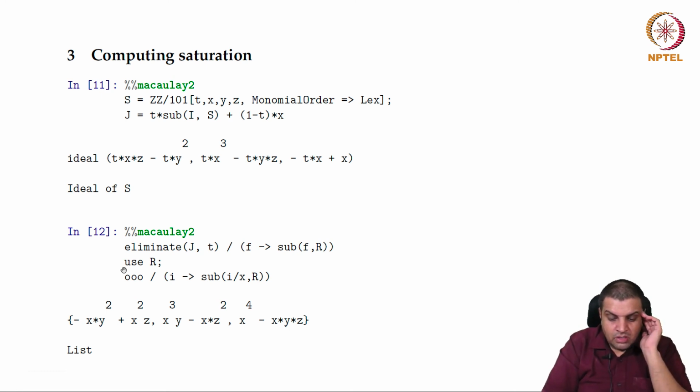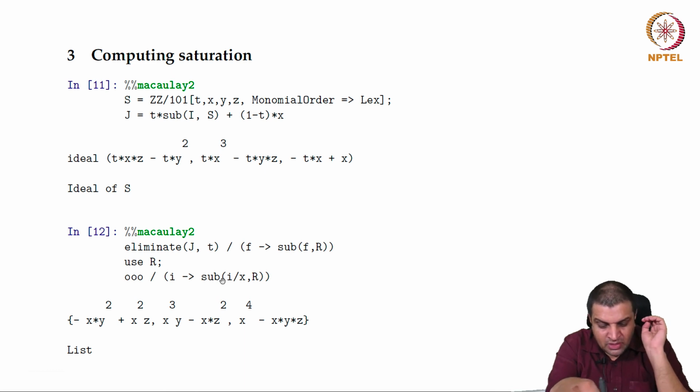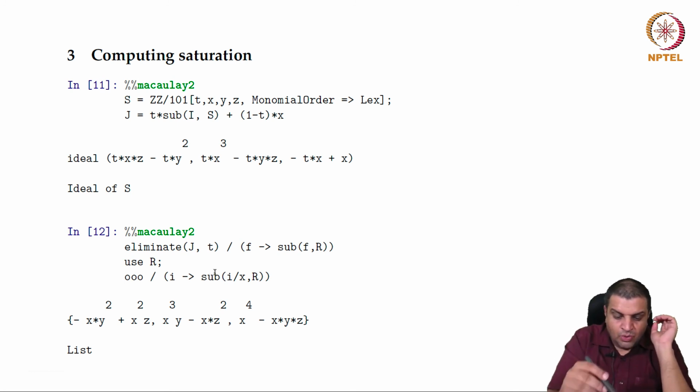Now, this is just a programming issue. In all these contexts, the variables x, y, z refer to those in S, not in R. But here we would like to construct an ideal in R, removing t, which in any case is not there. So what are we doing here?